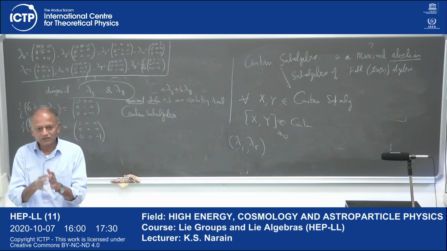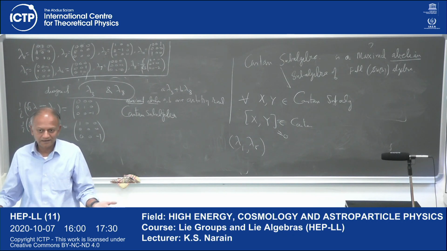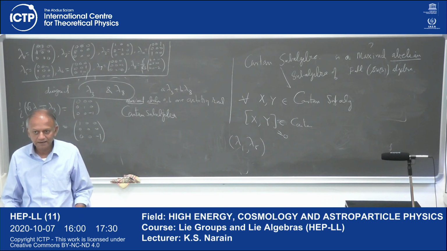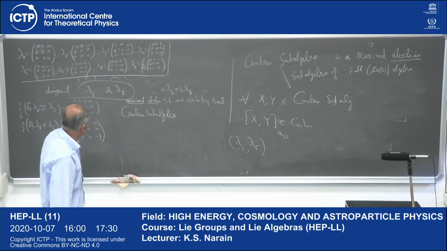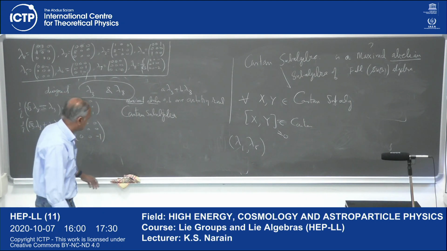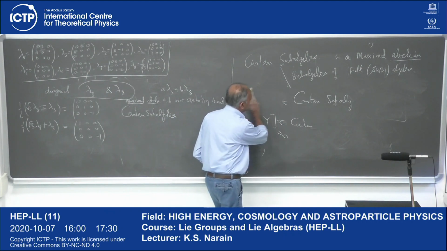But sigma 3 was convenient because it was already diagonal, and the next step was looking for eigenvalues. Since it's already diagonal, that was pretty easy to work out. So that was the idea. So we just take lambda 3 and lambda 8, the generators of the Cartan subalgebra.